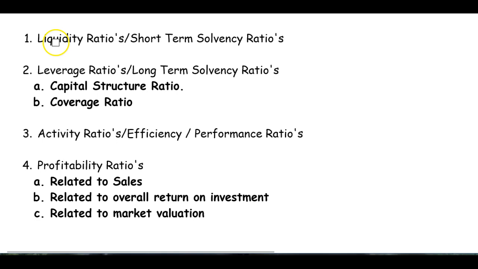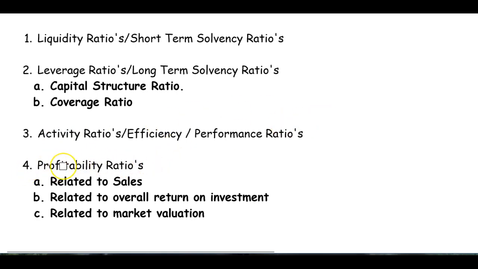One is the liquidity ratio, which is also termed as short-term solvency ratio, and the second one is the leverage ratio, which is also termed as long-term solvency ratio. These are subdivided into capital structure ratio and coverage ratio. The third one is activity ratio, also called efficiency or performance ratios.